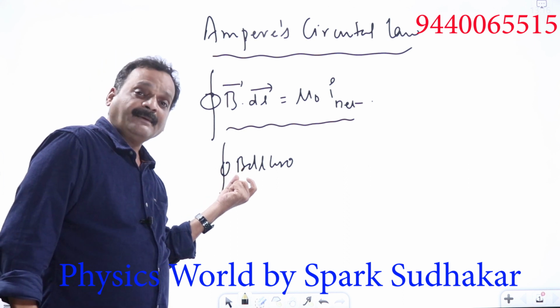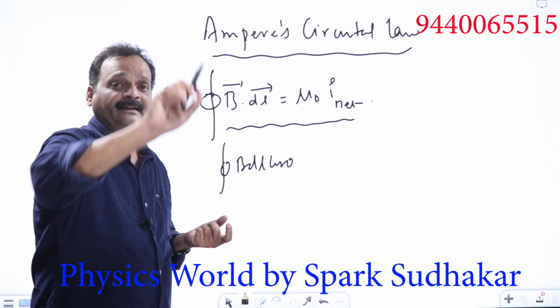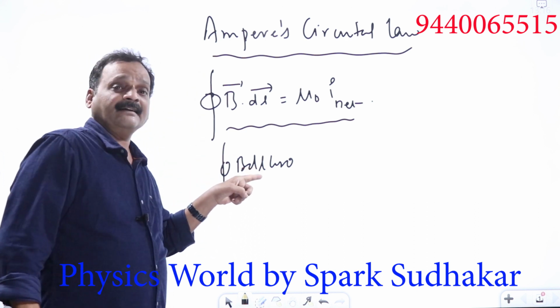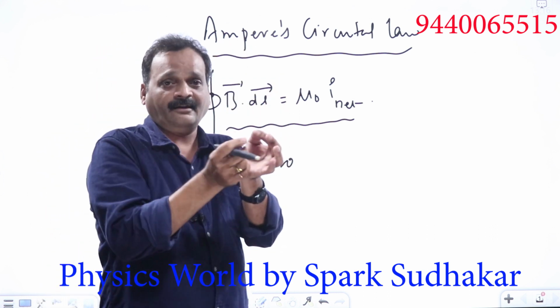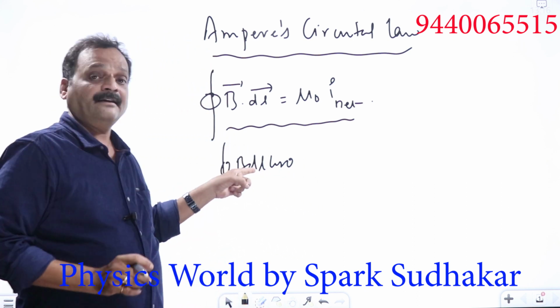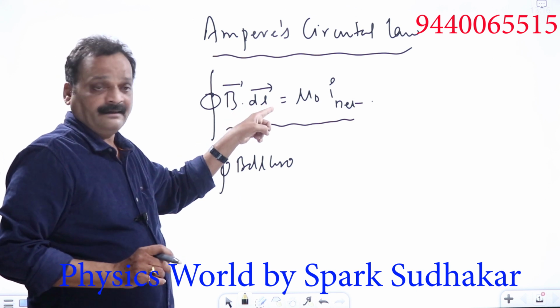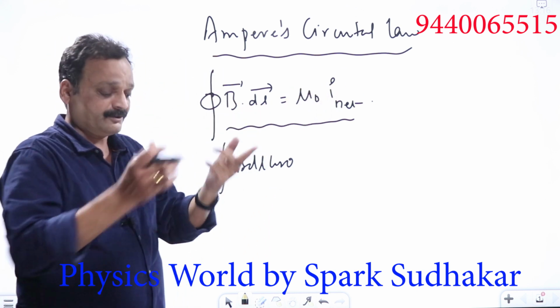If I choose a path where the magnetic field is constant throughout that path, B can be taken out. Circular integral dl, if it is a known geometrical figure whose perimeter or circumference can be easily found, circular integral dl also will be known, then I can easily evaluate the circular integral B dot dl, and simply make it equal to mu naught times the net current I enclosed by the path.